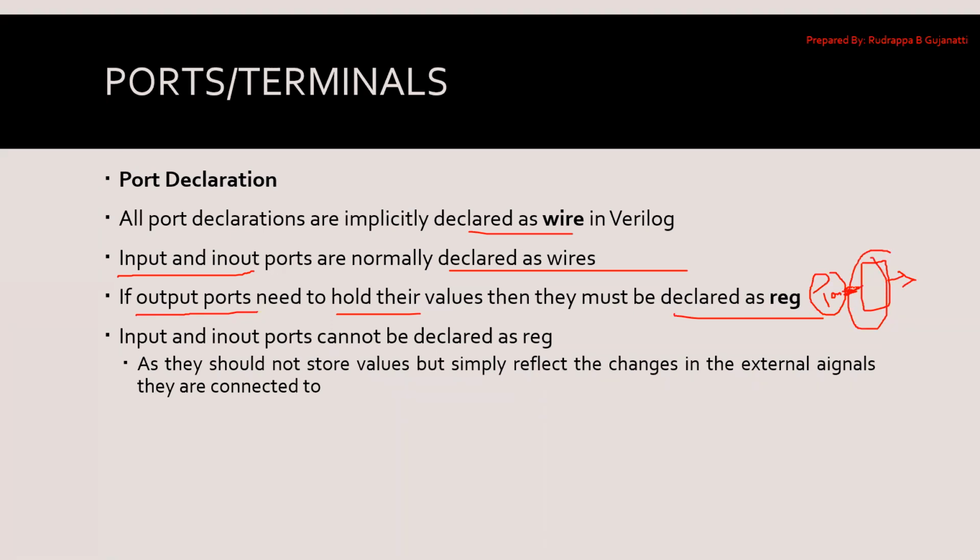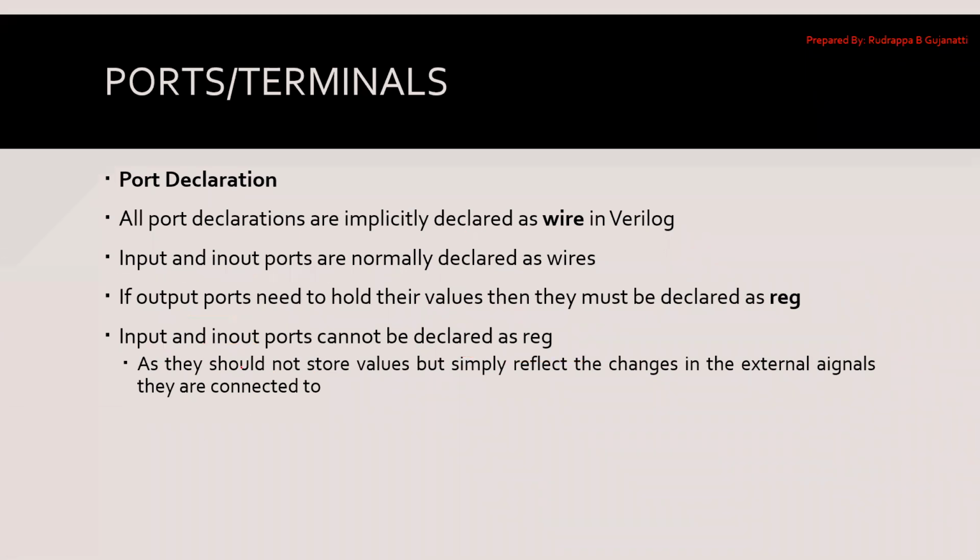It is just keeping track of whether a change is happening or not. If some change happens, only then would some reflection be present at the output. That is one of the reasons why you don't declare inputs as register data types. Since in-out acts as both input and output, it also is not declared as a register. Only for output ports can we go ahead with register data types.